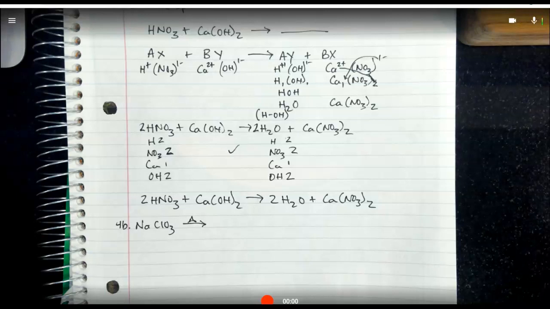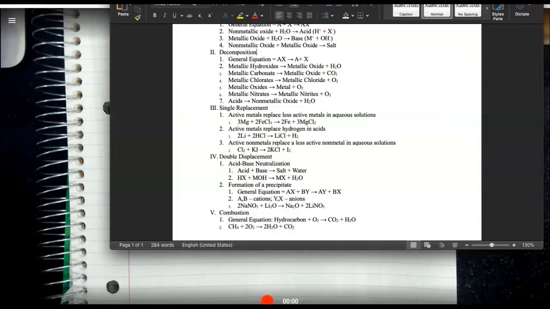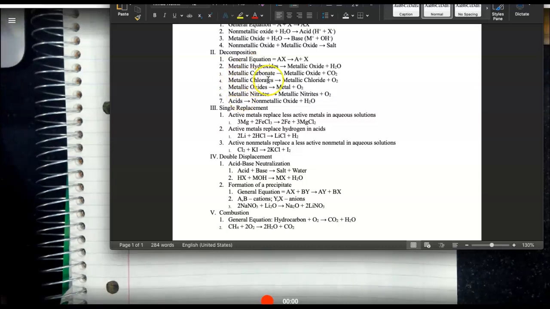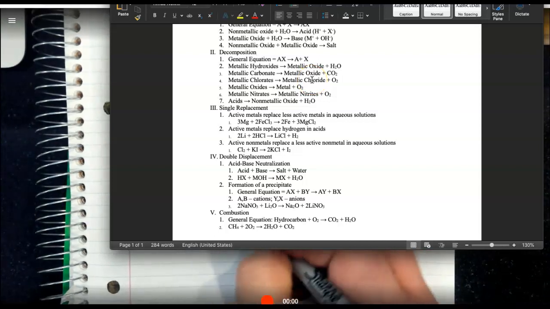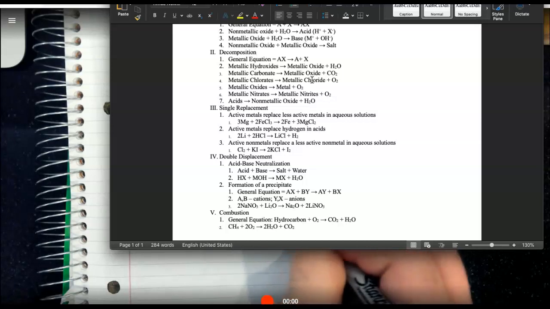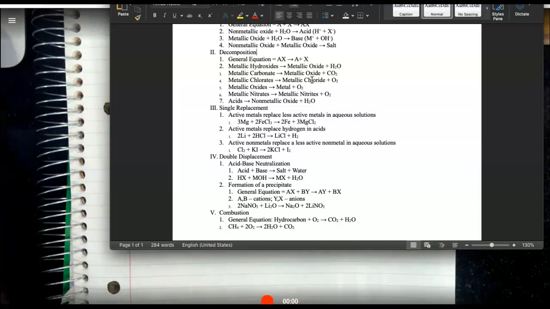So if we refer back to the quick reference guide for our decomposition reactions, we can acknowledge that NaClO3 is a metallic chlorate. So metallic chlorates decompose into a metallic chloride plus oxygen gas.